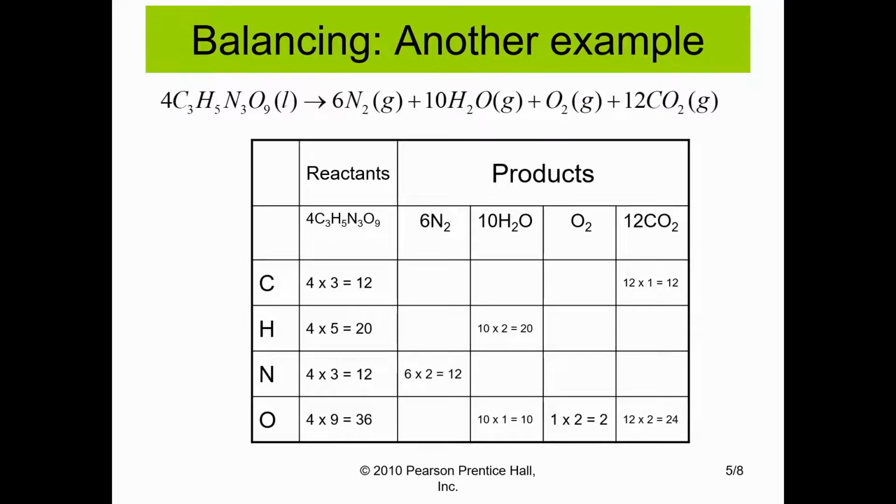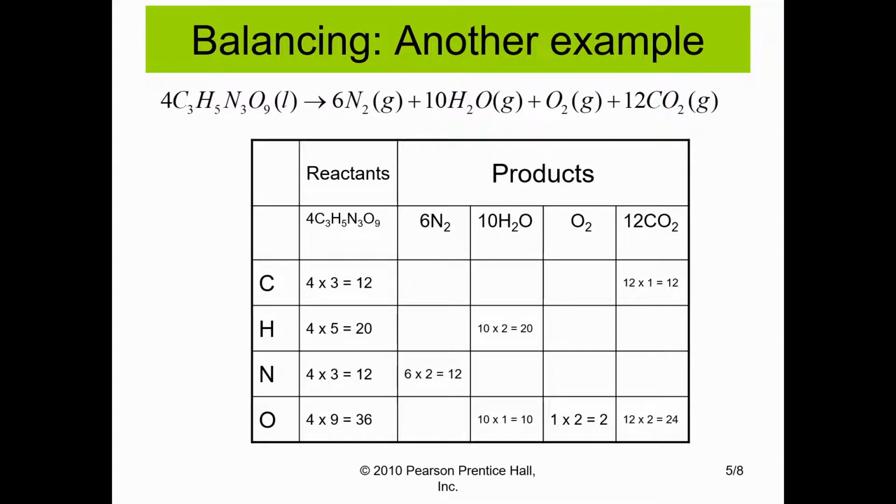In order for us to make sure that the reaction is balanced, we can add up the total number of each atom on either side of the arrow. We can see the arrow here is in the middle, so on the left side of the arrow we have the reactant C3H5N3O9, and then we have our 4 products.